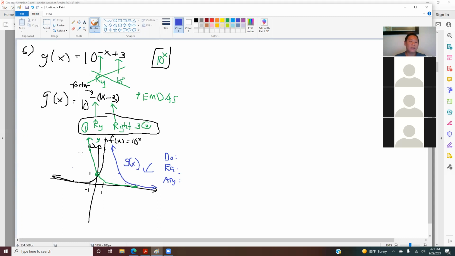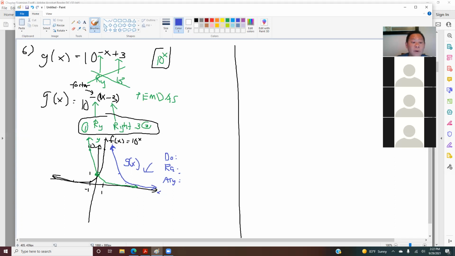So anyone know what is the domain of this blue graph? Domain is your x value. Can this number reach -1? Can you have -1 for your domain x?